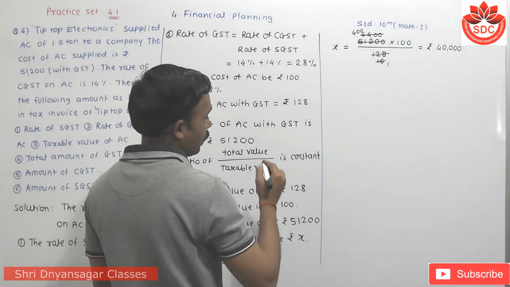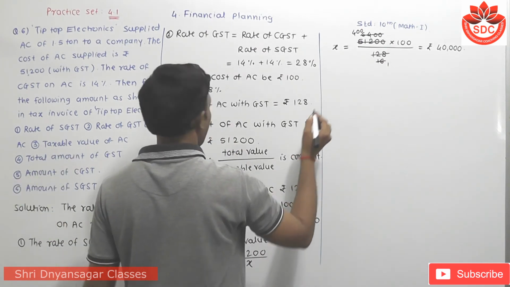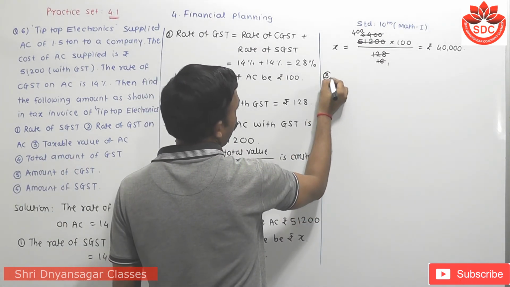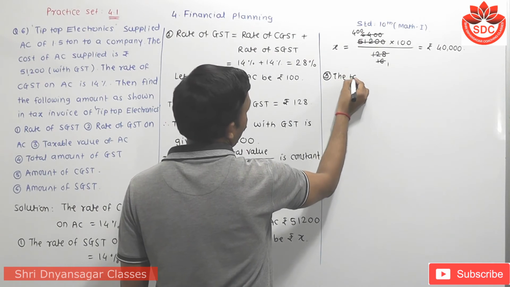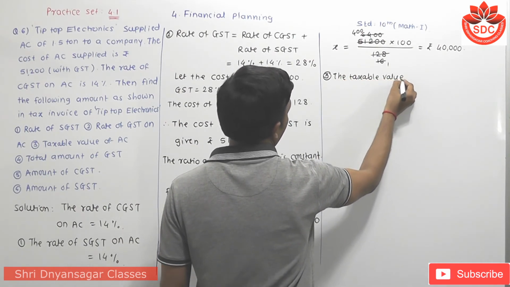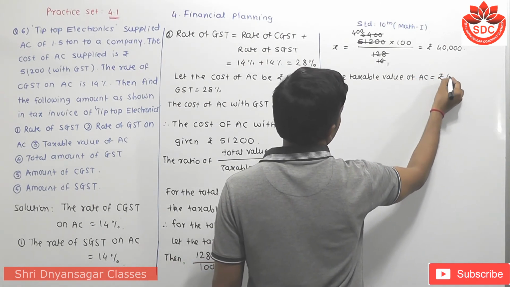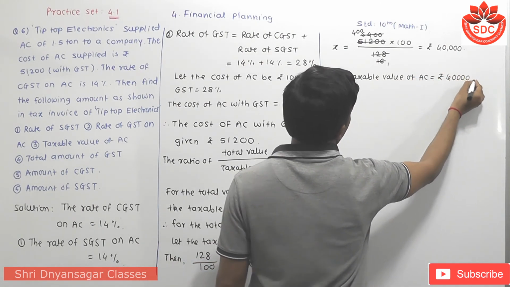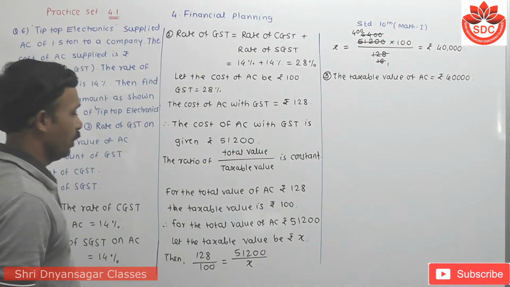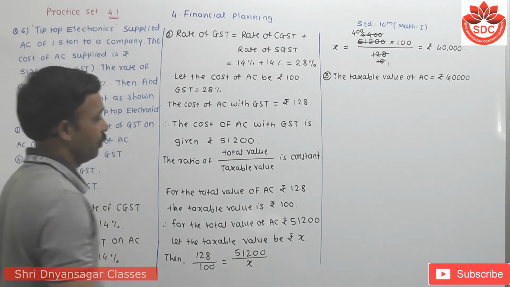Therefore, the taxable value of AC is equals to rupees 40,000.